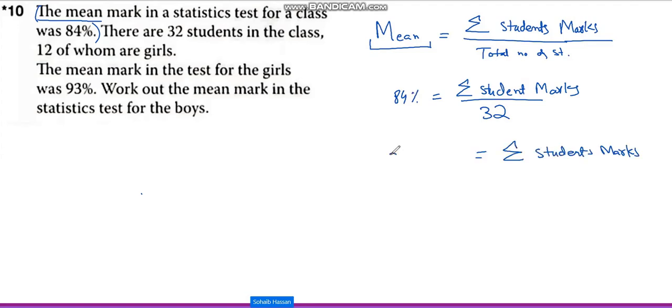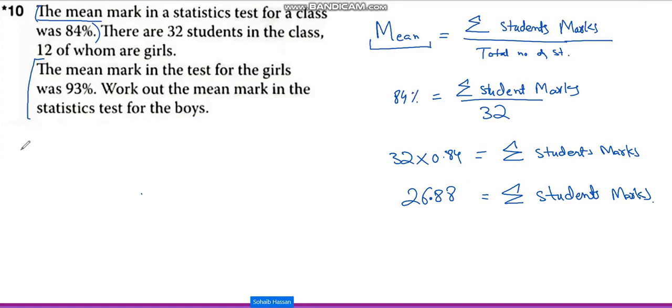We can multiply 32 with 84%, that is 0.84, and we get 26.88. This is the sum of the students' marks. Now let's read the other statement. It says that the mean mark in the test for the girls was 93%.